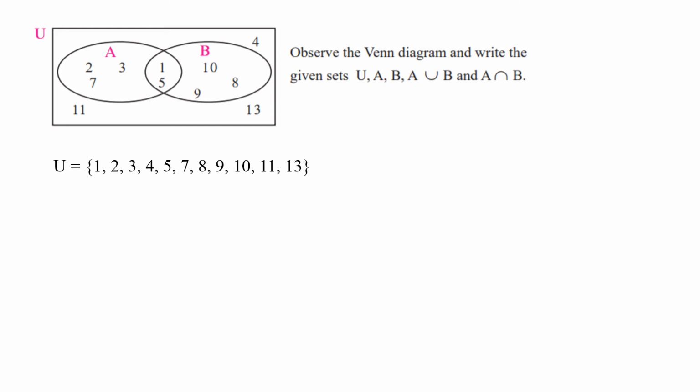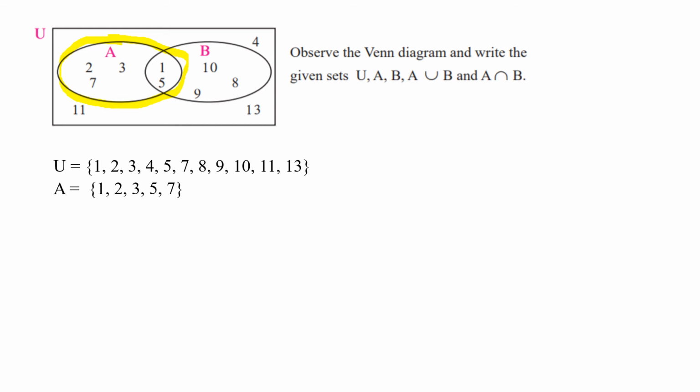Now our next one is set A. Now set A, can you see students, this whole circle for A, this whole part which I'm shading, see I'm showing you with this. Whatever elements are in this will be set A. Don't write only 2, 3, 7.